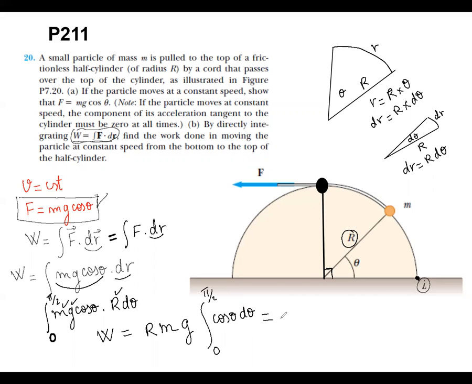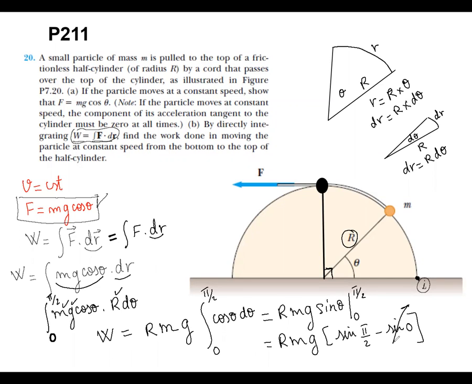So we get R m g times sine theta between 0 and pi over 2, which equals R m g times sine pi over 2 minus sine 0.